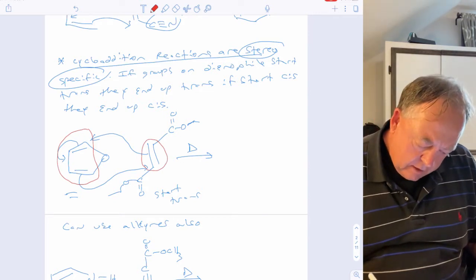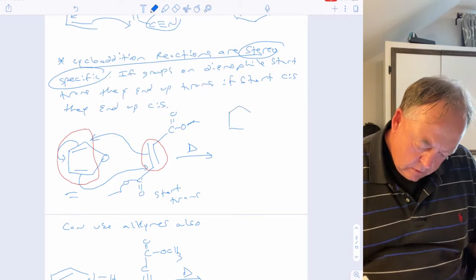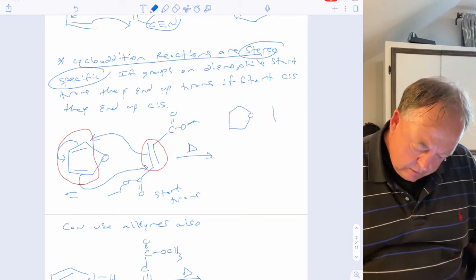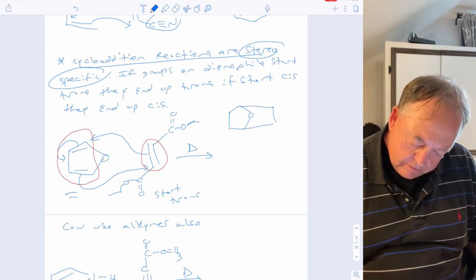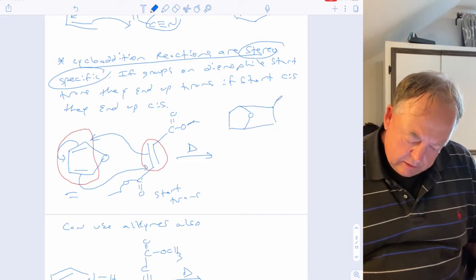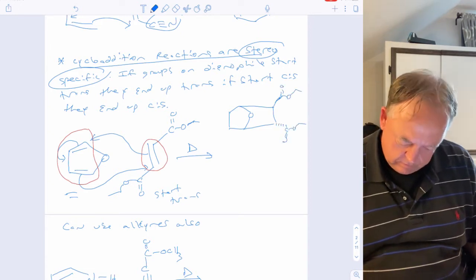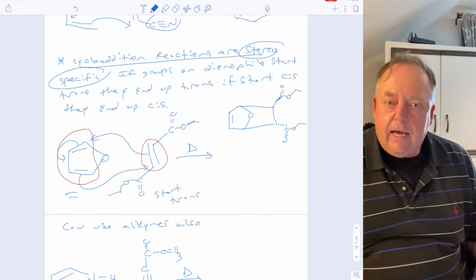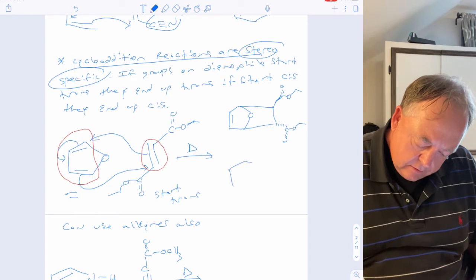So that would make, you've made a bond between these two carbons. And then this has to stay trans to each other. So you would make that. Or you may see this drawn like this.